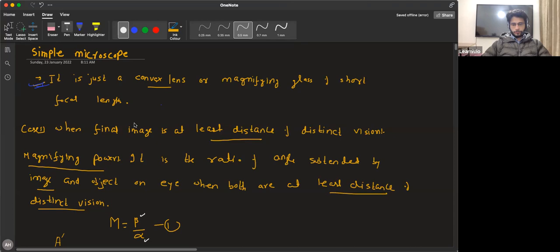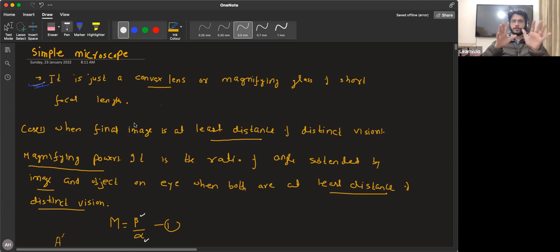Sir, for simple microscopes, do we need two ray diagrams? Yes, you need to draw a ray diagram. So we need two, one with lens and one without lens, or both can be put in one. Usually what authors do is they draw both with lens and without the lens on the same axis.